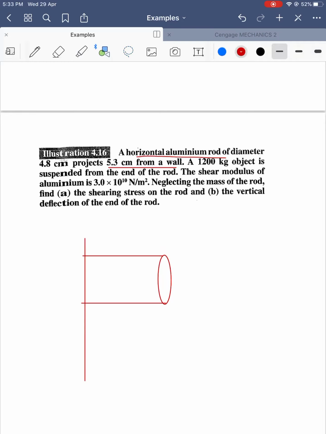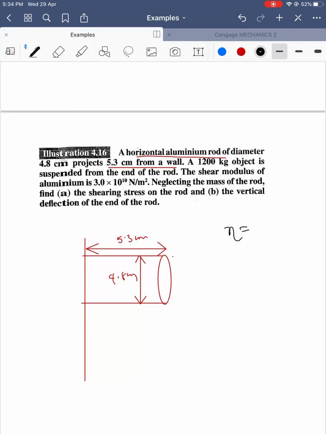There is a wall on one side. Its projected length is given, and its diameter is also given: 5.3 centimeter outside, and the diameter is 4.8 centimeter.